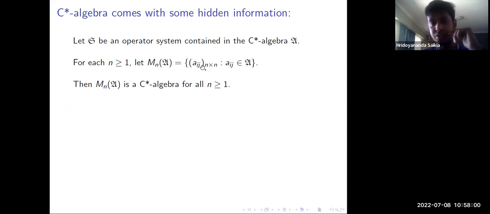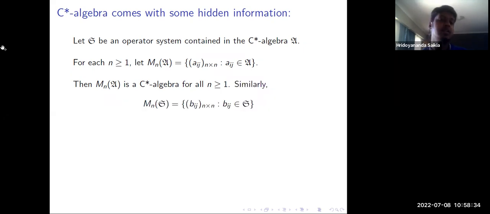This n cross n matrix is a bounded linear operator on the direct sum of n copies of that Hilbert space. So it inherits a norm structure very naturally. I won't go into the details, but the norm structure on Mn of A comes very naturally. So Mn of A is a C-star algebra for all natural numbers n.